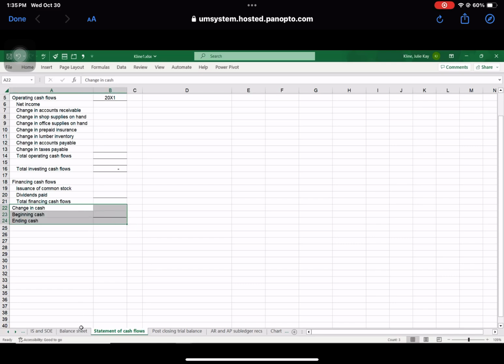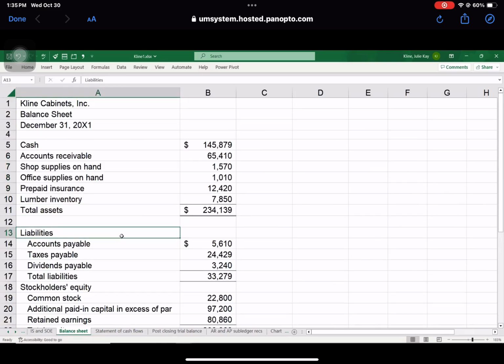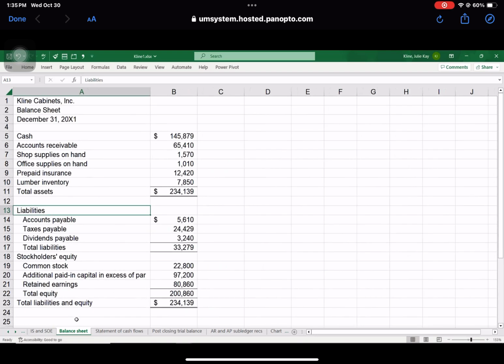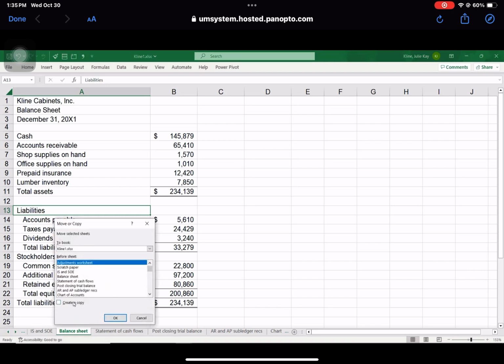Okay, let's get into how to build your statement. So here's our balance sheet. I'm going to actually duplicate this balance sheet such that I can have a kind of scratch paper of a balance sheet. So I'm going to right click on the tab and hit move or copy. And I'm going to create a copy. It's really important to click this create a copy. And I'm going to create it to this same workbook and click OK.